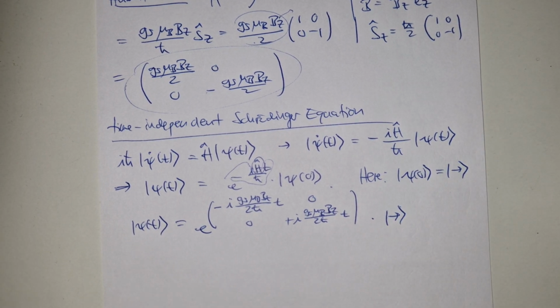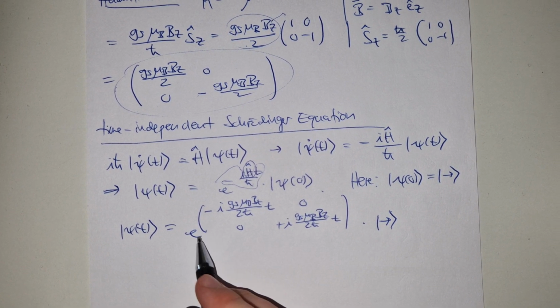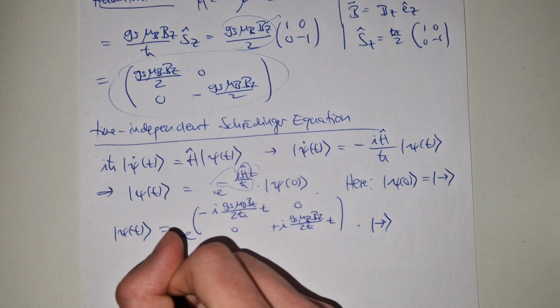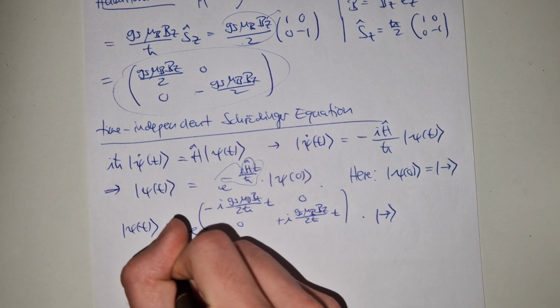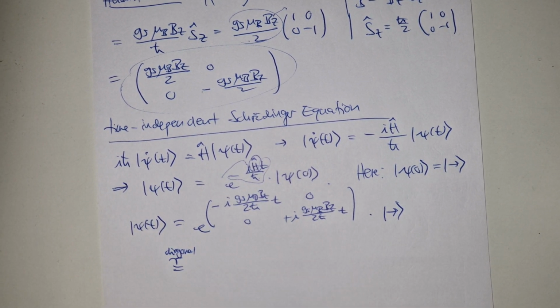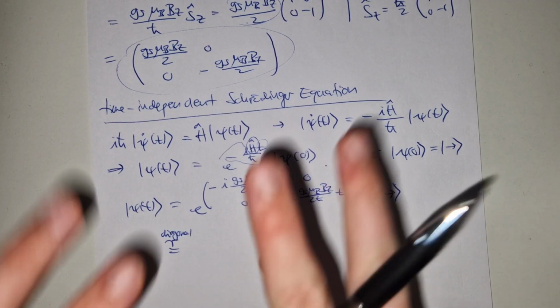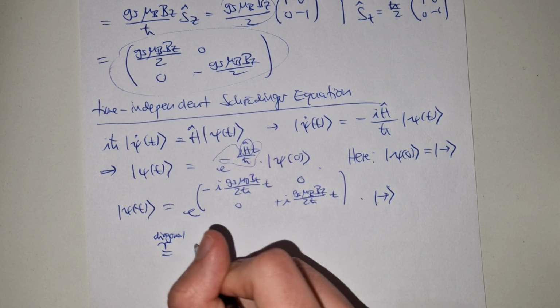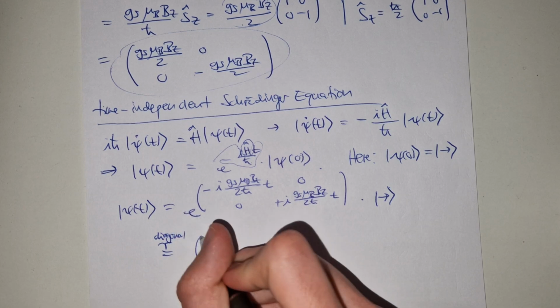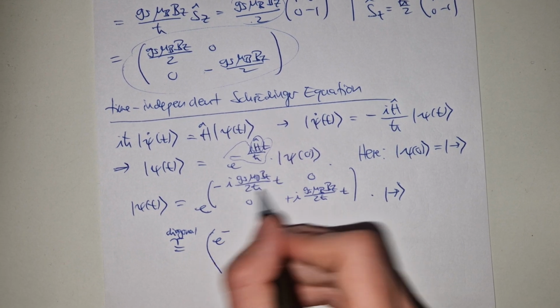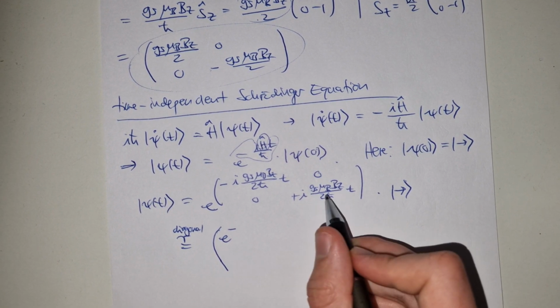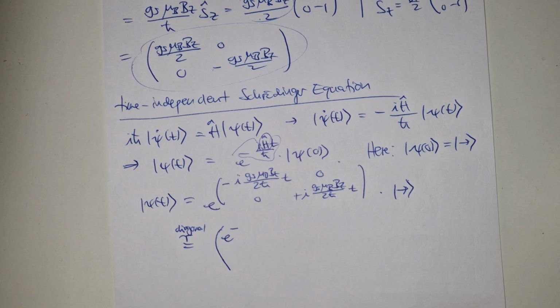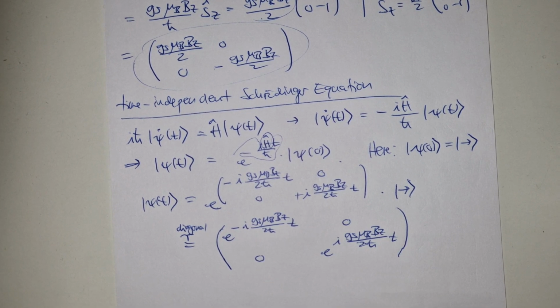So now what is e to the power of a matrix? Well, since the matrix is diagonal, this is quite easy. We can just pull the exponential into the matrix, right? So this is nothing but a matrix with components e to the minus this, 0, 0, and e to the plus this. So this works because the matrix is diagonal.